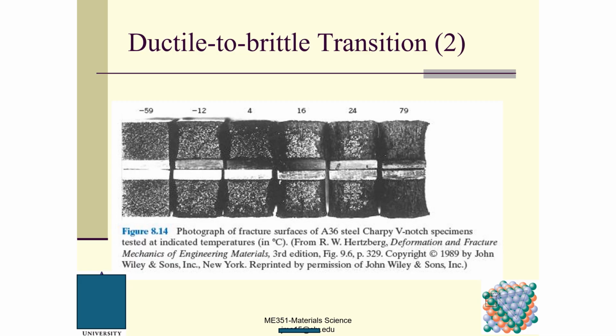A36 is a commonly used material in industry, and this is the Charpy V-notch specimen tested at the indicated temperatures, in degrees C. Minus 59 degrees C is low, and 79 is high, and usually 16 to 24 are the commonly used temperatures in industry for this material.